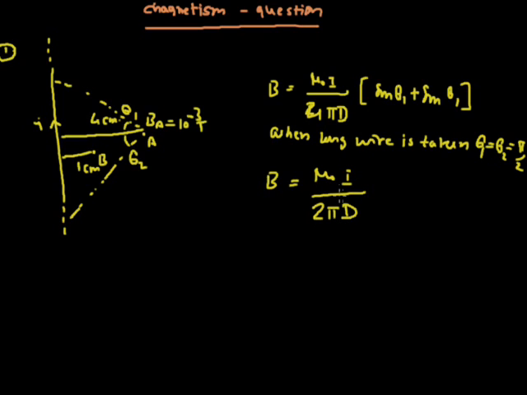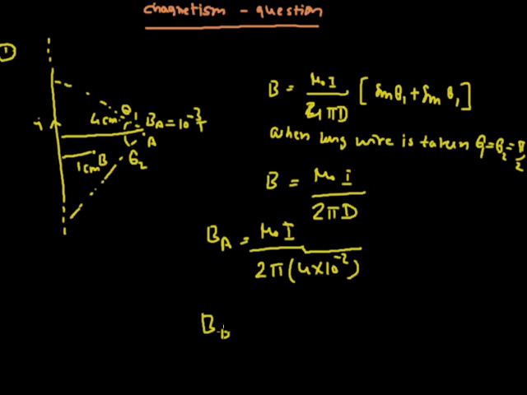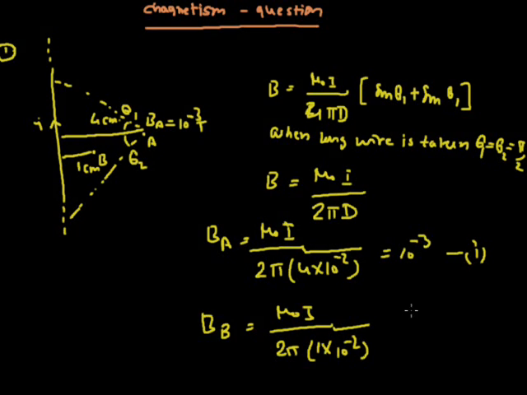Okay, now d is the distance from the center, so BA will be mu naught I upon 2 pi d, where d is 4 centimeter, that is 4 into 10 to the power minus 2 meter, and B will be mu naught I upon 2 pi d. This BA is given 10 to the power minus 3. So now this is equation first and equation second.